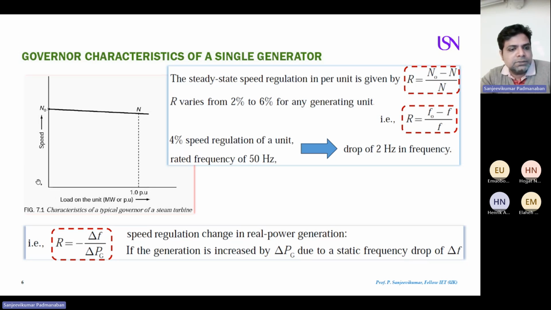So when the load is zero, there is no load on the generator, you get the rated speed. As the load increases, the speed of the machine will drop a bit, around 1.5 percent maximum to a lower speed. So I can give an example.